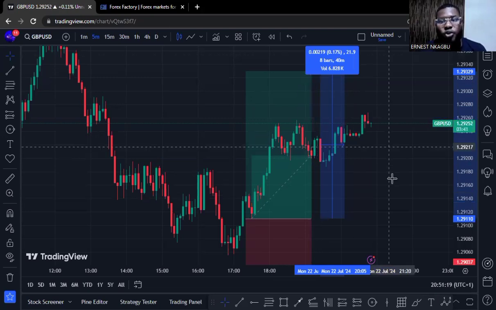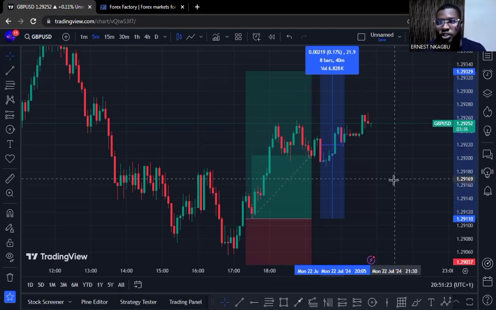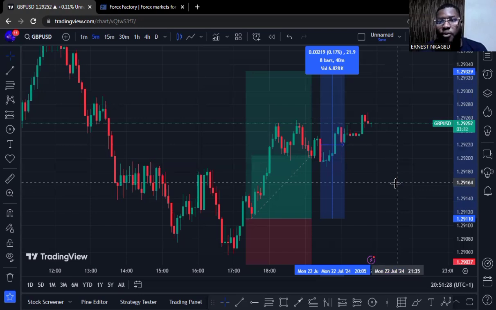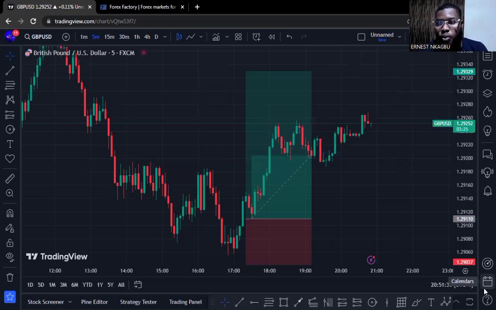So you can also use the manual method of calculating this. If we are using our manual method, that means 1.29110. So we're looking at the four decimal places, and we found out that we are going to minus 32 minus 11.